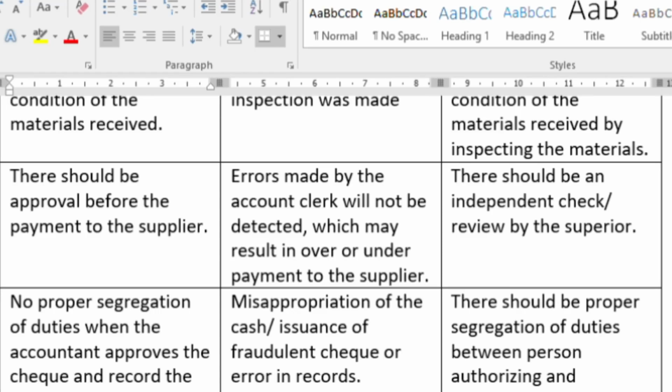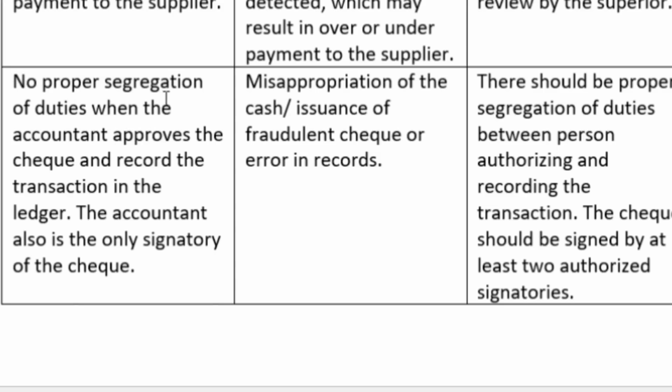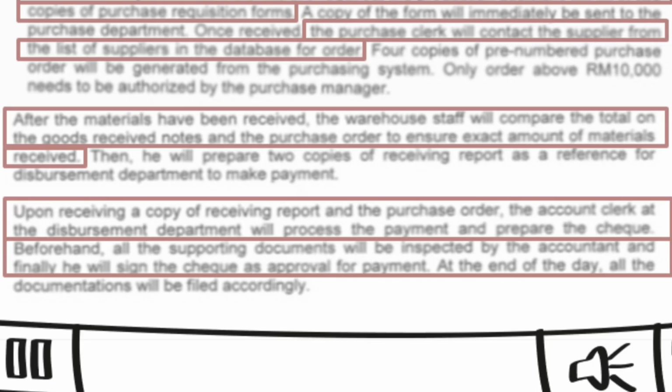Next, the last weakness is no proper segregation of duties when the accountant approves the check and records the transaction in the ledger. The accountant is also the only signatory of the check. Where I got the weakness from: beforehand, all the supporting documents will be inspected by the accountant, and finally he will sign the check as approval for payment.